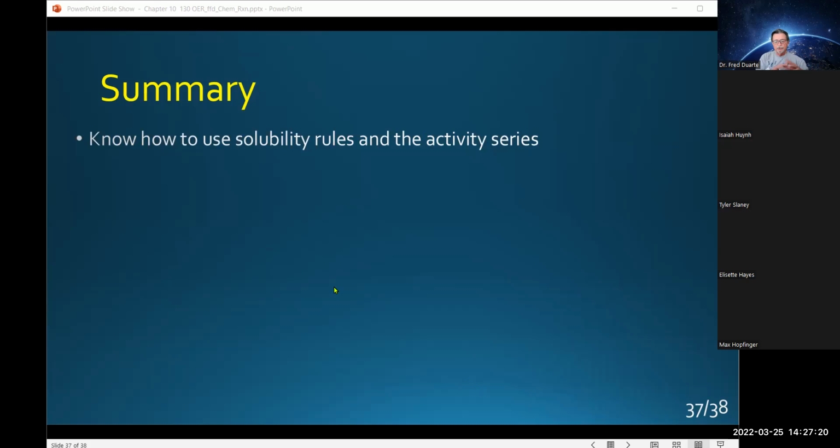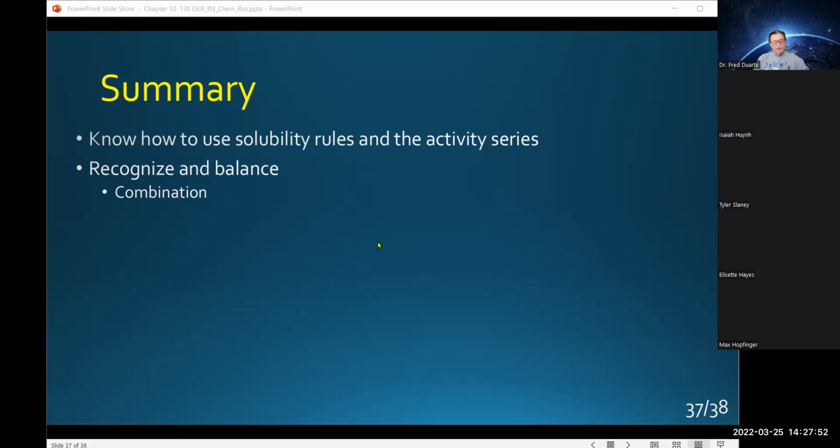Okay, so to summarize this whole chapter, be familiar with the solubility rules and how to utilize them. Be familiar with the activity series so you can determine whether a reaction will proceed as written based on the reaction activity of the metals. Be able to recognize and balance combination reactions.